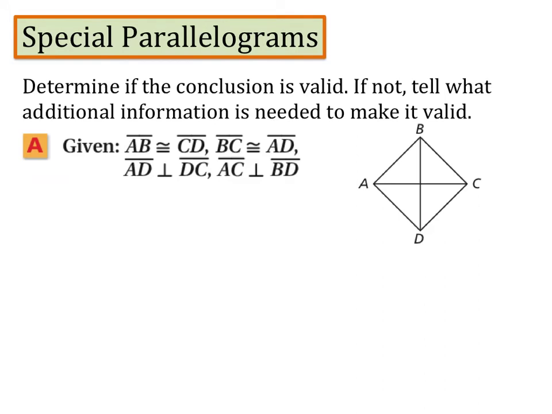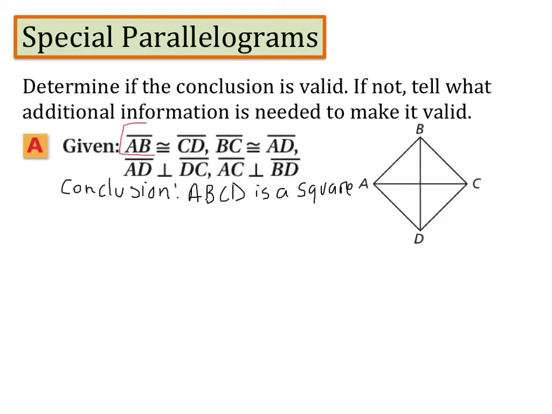Now let's use our information on rectangles and rhombus to determine whether we can conclude that this figure here is a square. So, we're given this information and we're trying to conclude whether figure ABCD is a square. The first thing that I would do is mark up the given information on the diagram.